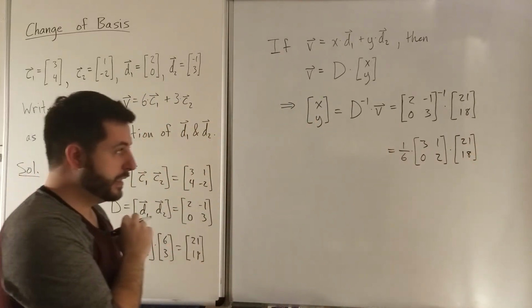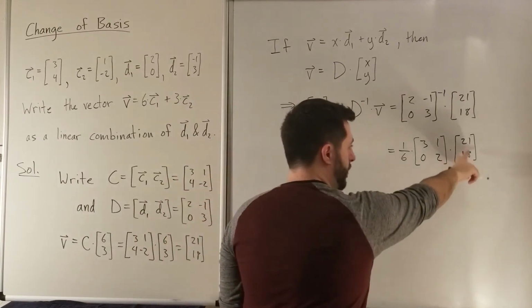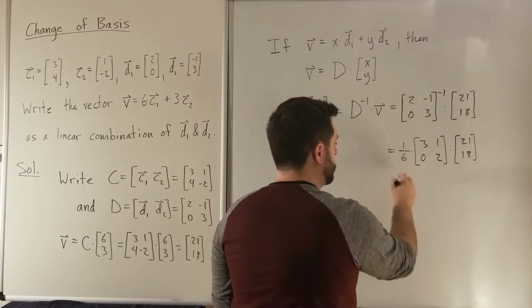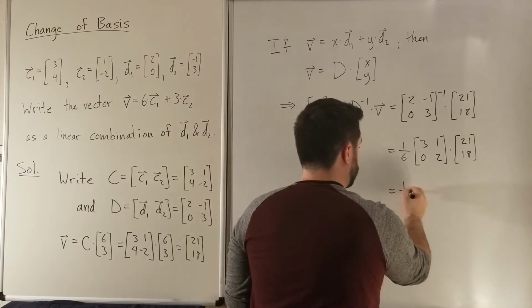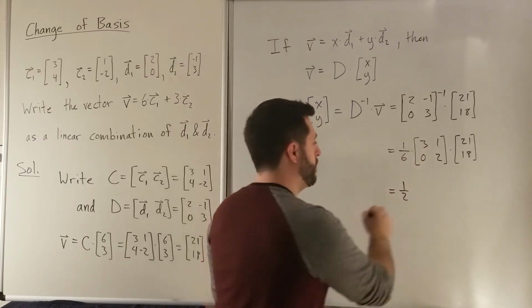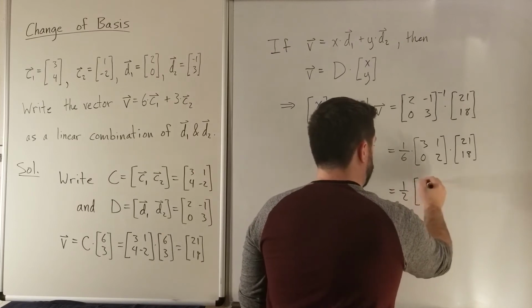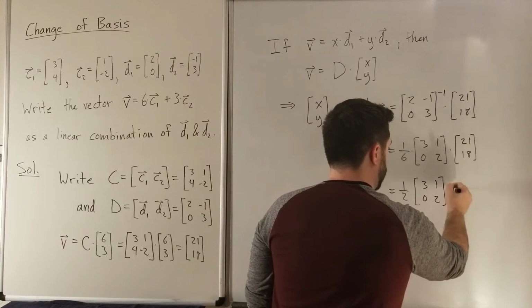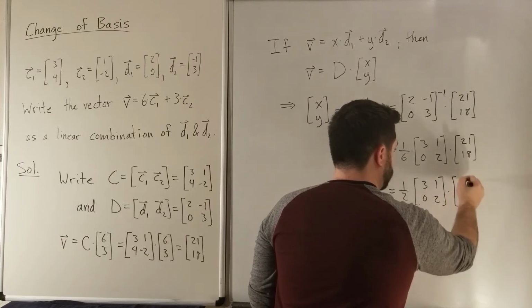Okay. Just to deal with some smaller numbers, I'm going to factor a 3 out from here and cancel it out with a 3 in the denominator. So this 1/6 is going to become 1/2. This isn't changing at all, and these numbers get divided by 3.